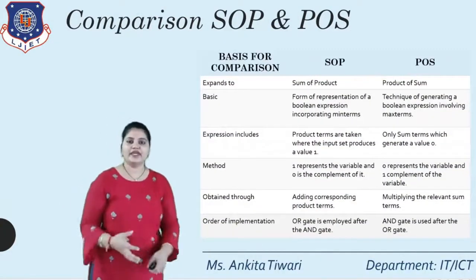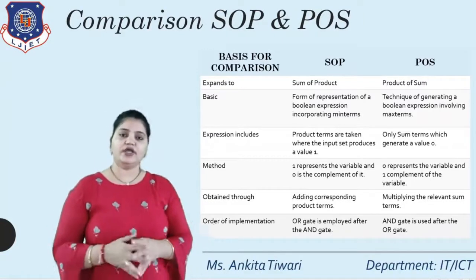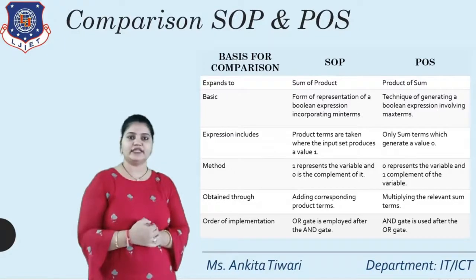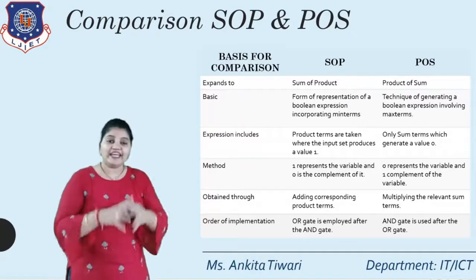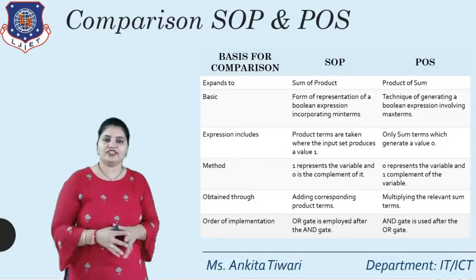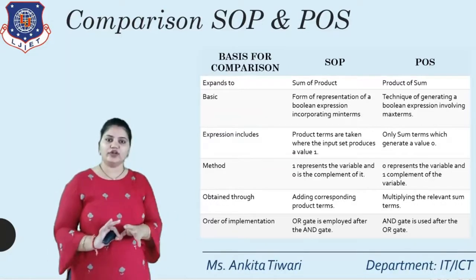Now here the biggest thing arises, the comparison. Now if I am talking about the representation part, we have two representations, SOP and POS. But whenever we are talking about any of the two forms, we need to have the basic comparison, or we need to know what is included in SOP and what is included in POS.